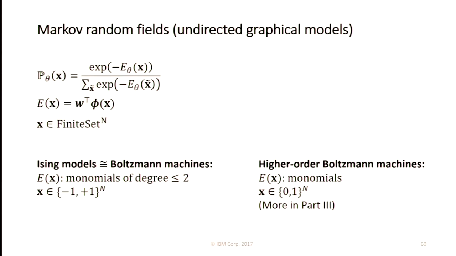A particularly interesting case that appears later in this talk is higher order Boltzmann machines. In the case of a Boltzmann machine, this was a monomial of degree up to 2, but for higher order Boltzmann machines, this can have monomials of higher degrees. We're going to see some examples later in part 3.